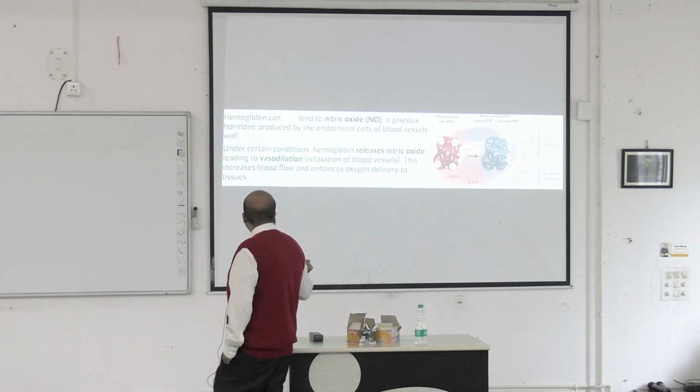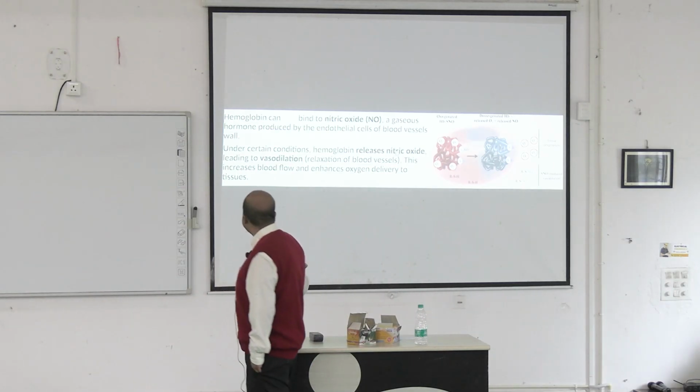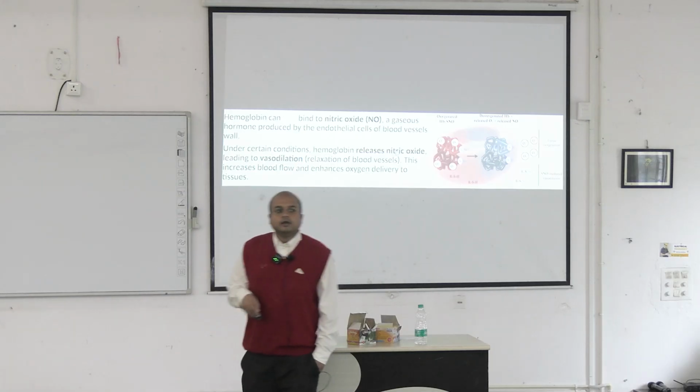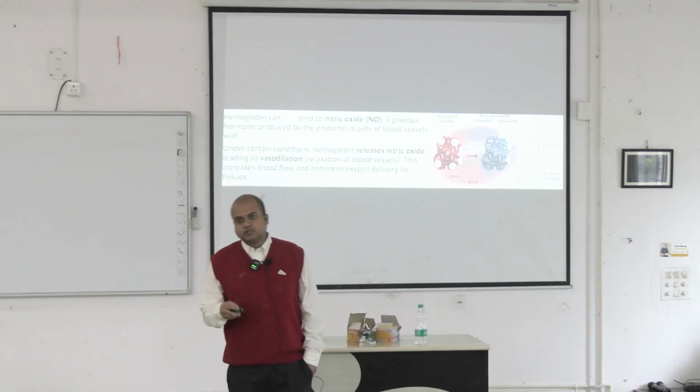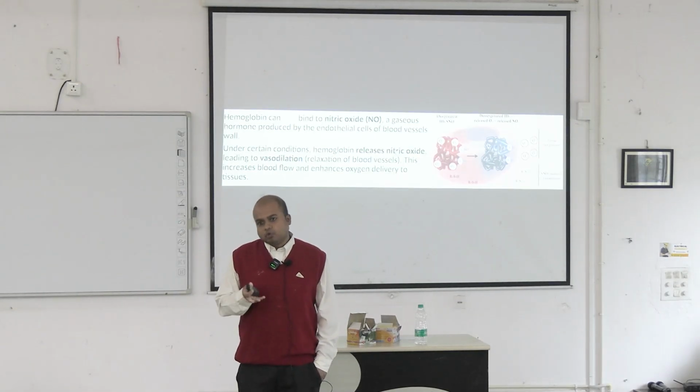As these four oxygens are released, nitric oxide is also released, and nitric oxide induces vasodilatation, so oxygen delivery is easier. This is the regulation of blood flow also. As the vessel dilates, blood flow is regulated. During constriction, blood flow becomes lesser, during dilatation, blood flow becomes greater.